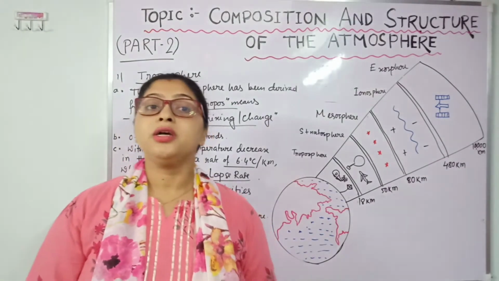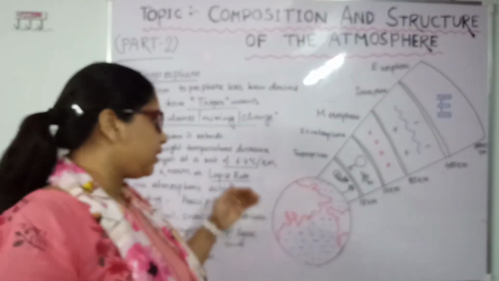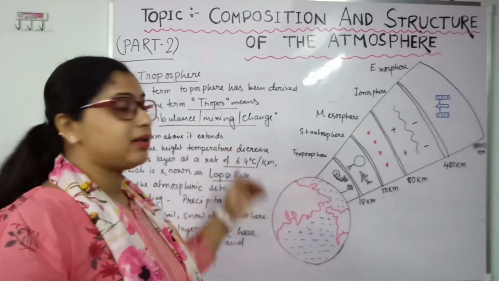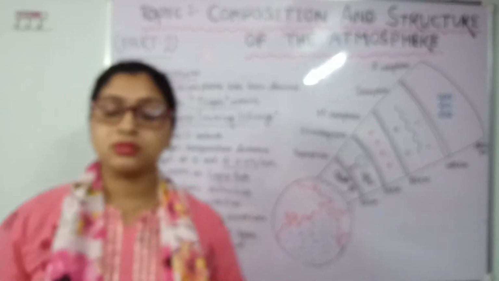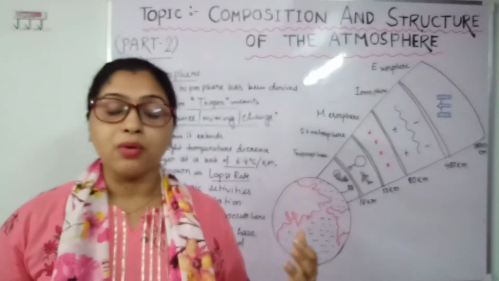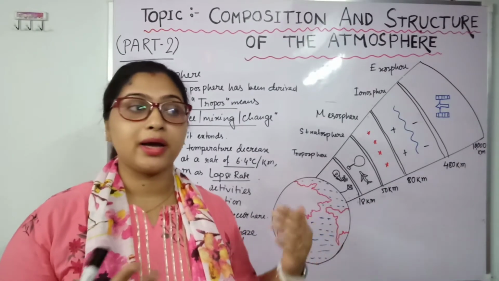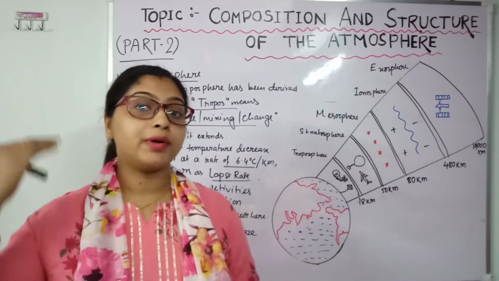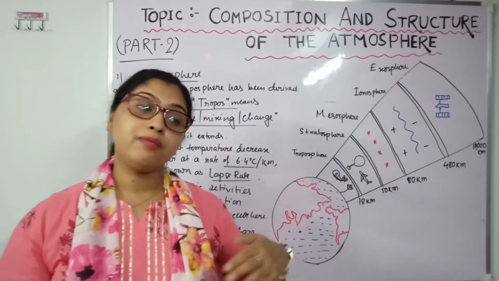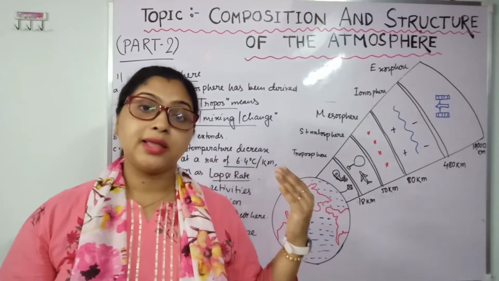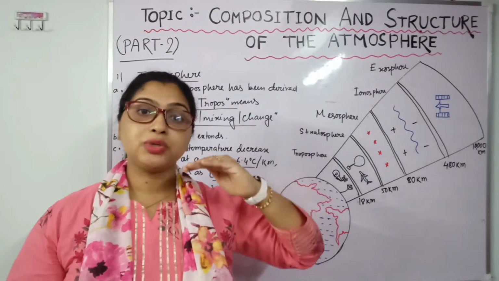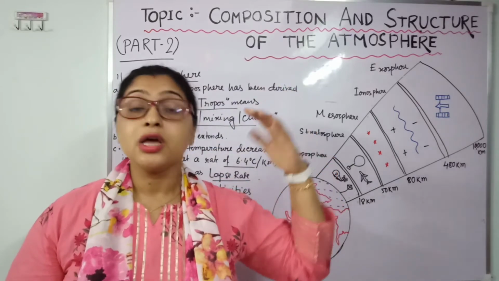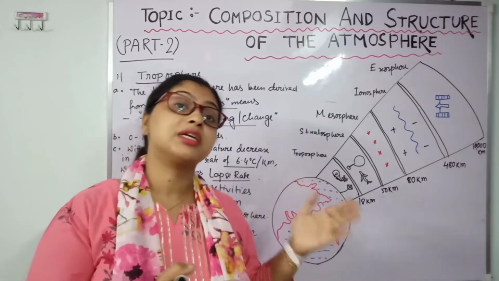Another most important point: sometimes students ask, ma'am, if the temperature decreases with height, what is the relation between the mixing of the gases, or the density, and the pressure when we go to hilly areas? When we go to hilly areas, the altitude and height are increasing, which means the density of the gases is decreasing.